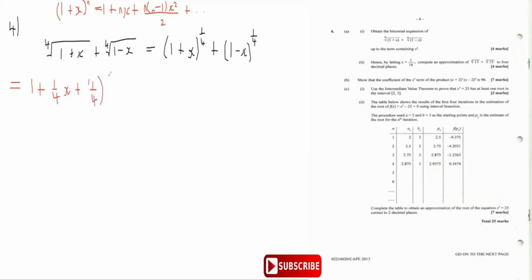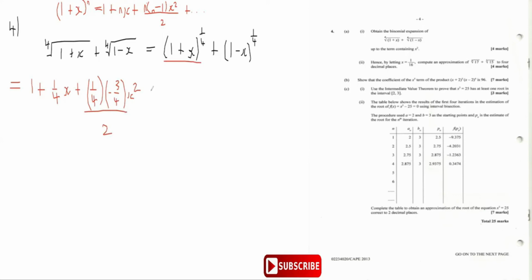A quarter minus 1 is minus 3 over 4. Just to check it, I'm going to put it in my calculator. A quarter minus 1 is minus 3/4. Times x squared over 2. So that takes care of 1 plus x to the quarter.